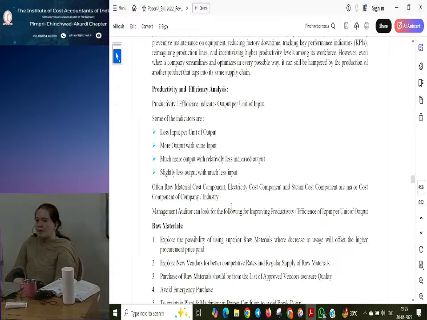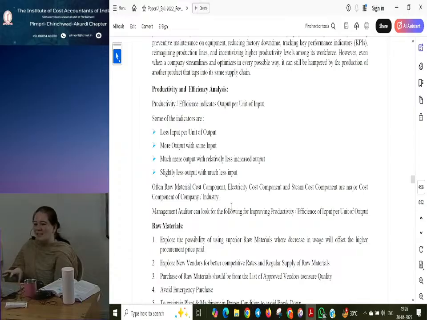If you remember, while we were doing the cost audit report, there is a separate annexure on cost of utilities, because first comes the raw material, next comes the utilities, then comes the labor. So usually these are the major chunk of cost which the companies actually incur for production.